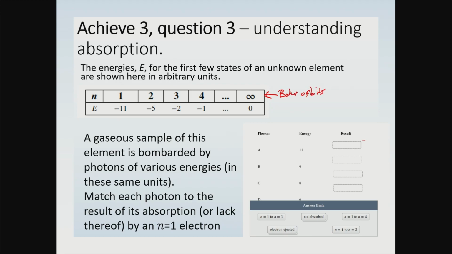And the lower row tells you the energy that the electron has in each of the Bohr orbits. So this is energy of electron. Okay. And it says a gaseous sample of this element is bombarded by photons of various energies in these same units. Match each photon to the result of its absorption or lack of by an n is equal to 1 electron. Okay, can I minimize this slide?